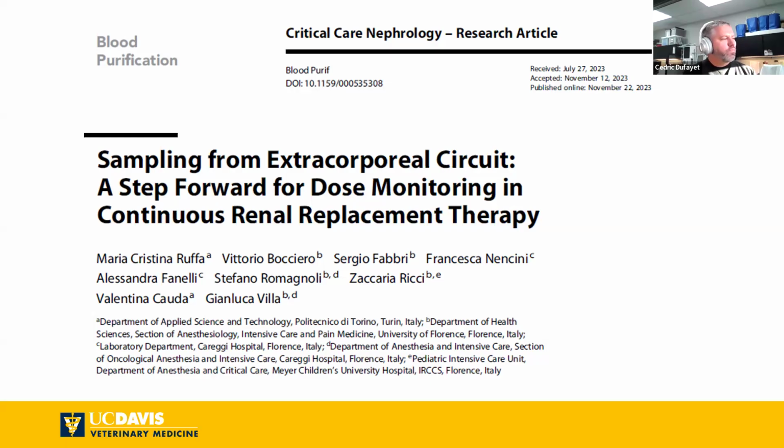The point of the paper was to say that for good quality assurance during CRT treatments in people, it was recommended to monitor the dose that you deliver during the treatment.